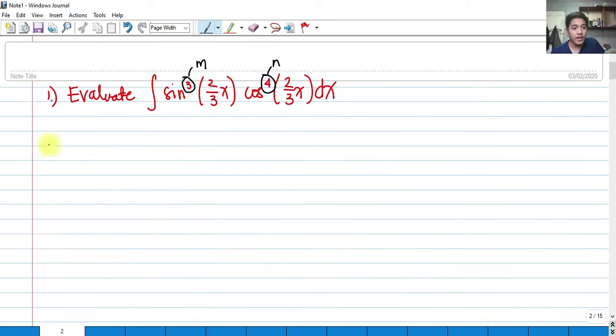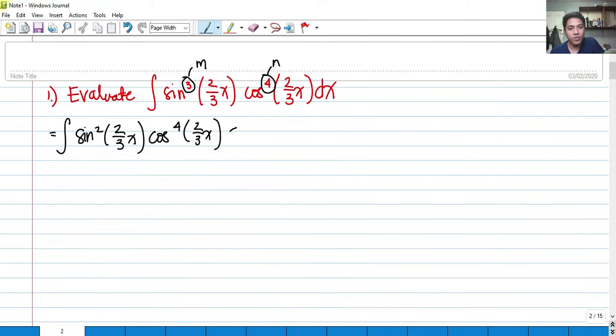So we are going to split off a factor of sine 2/3 x into our integral. If we do that, we'll have sine squared 2/3 x, cosine raised to 4 of 2/3 x, multiplied by sine of 2/3 x.